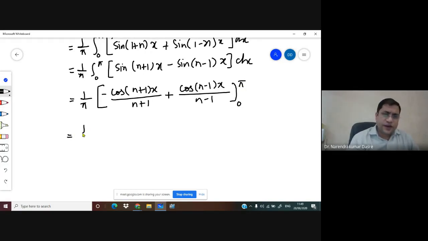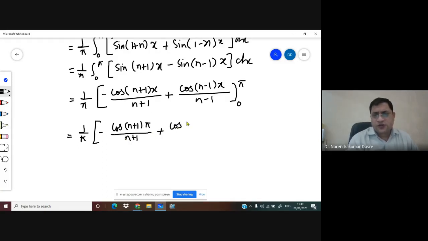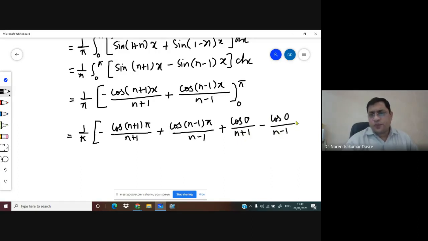Okay, now let us apply this limit. So 1 upon pi, minus cos of n plus 1 pi upon n plus 1 plus cos of n minus 1 pi upon n minus 1. Then we are using the lower limit, so minus minus plus cos of 0 upon n plus 1 minus cos of 0 upon n minus 1.